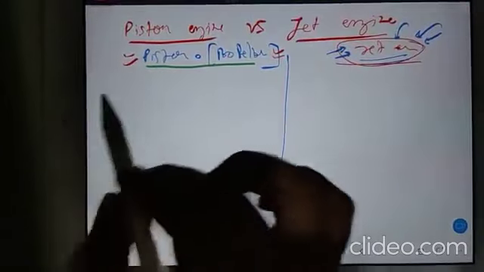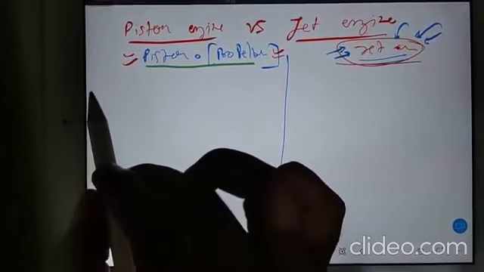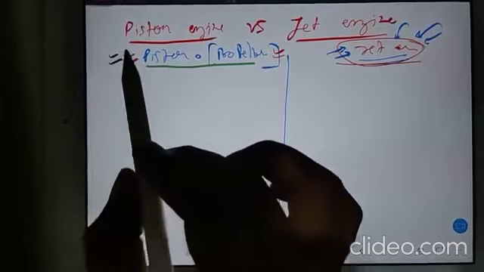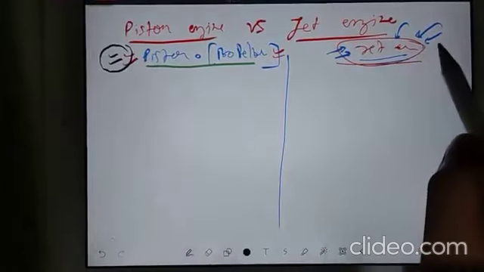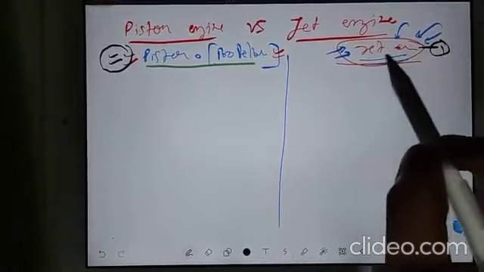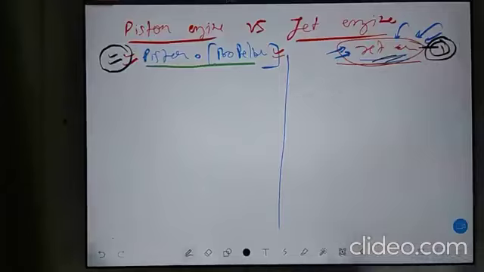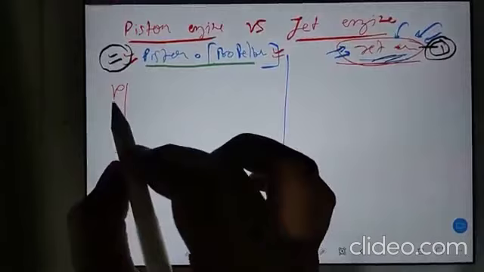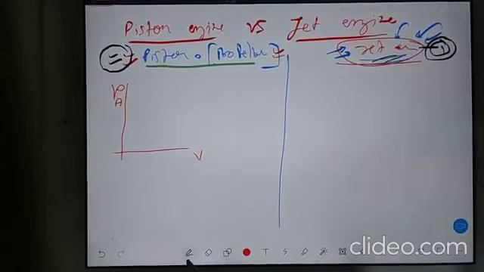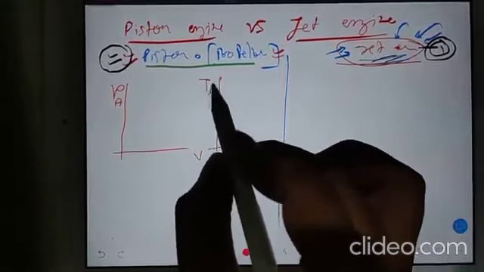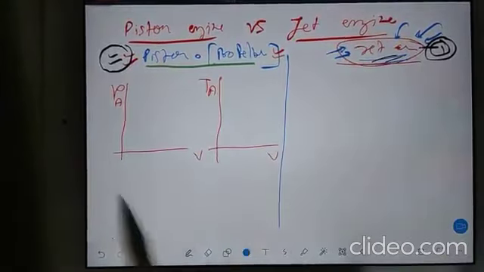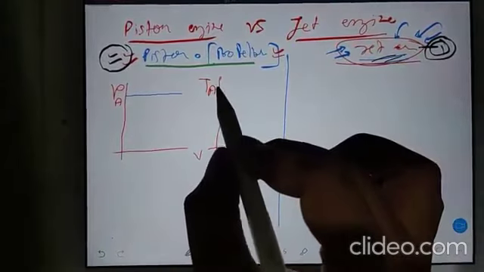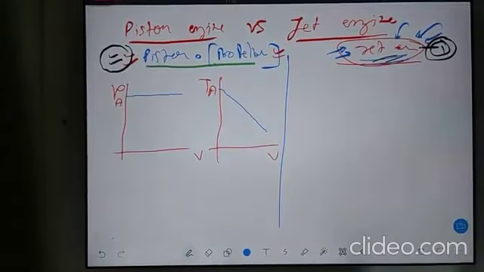Now see, we have two types of power. In the last class we discussed available power and required power. So in the case of the piston engine, it works on power, and the jet engine works on thrust. So two things you should understand. If you draw power available versus velocity curve and thrust available versus velocity curve for a piston engine, then power available is almost constant with velocity, but thrust available decreases with velocity.